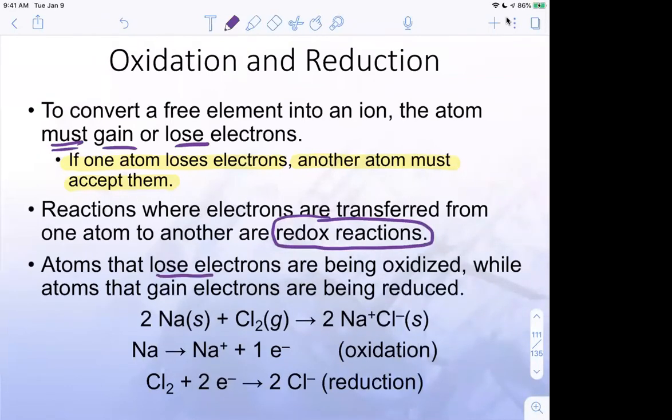Atoms that lose electrons are being oxidized, and atoms that gain electrons are being reduced. So in this example, sodium goes from a 0 state to a +1. I lose an electron, that would be oxidation. Here I have elemental chlorine actually adding 2 electrons, because what I'm making when I split that Cl2 is 2 negatively charged ions. But the important part is I'm adding electrons, so that's reduction.